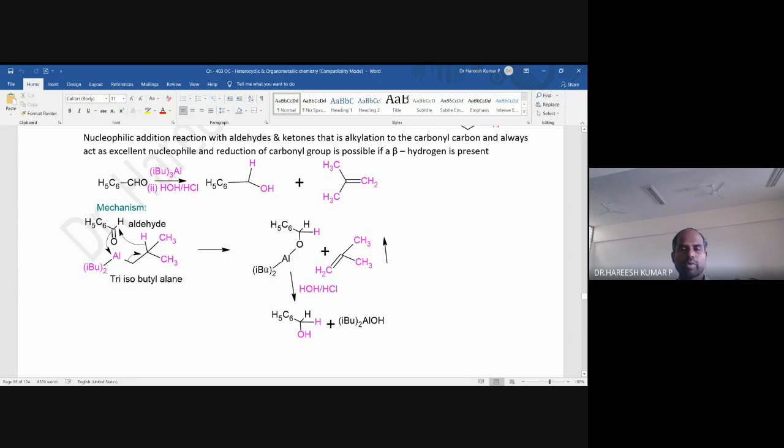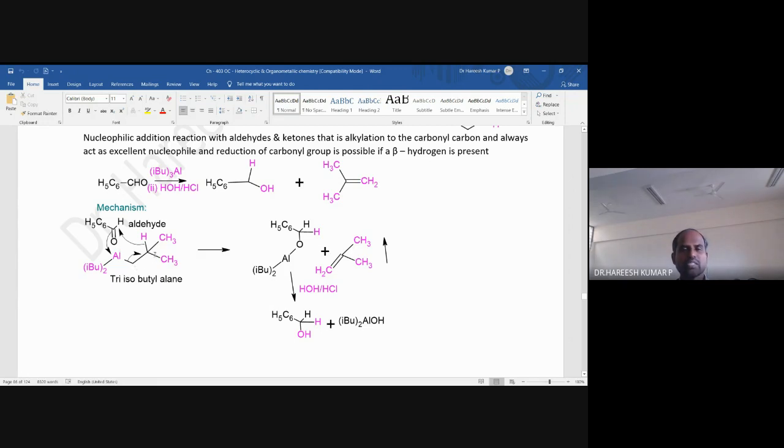The carbonyl compound may be an aldehyde or a ketone. So here, when an aldehyde or ketone is treated with trialkyl alane, for example triisobutyl alane, the product is alcohol, here benzyl alcohol. The mechanism involves a concerted transition state with a 6 electron system.